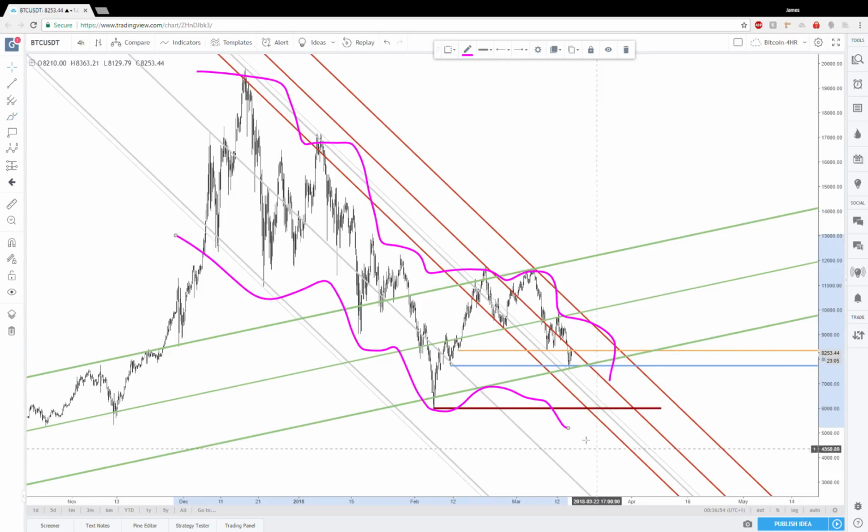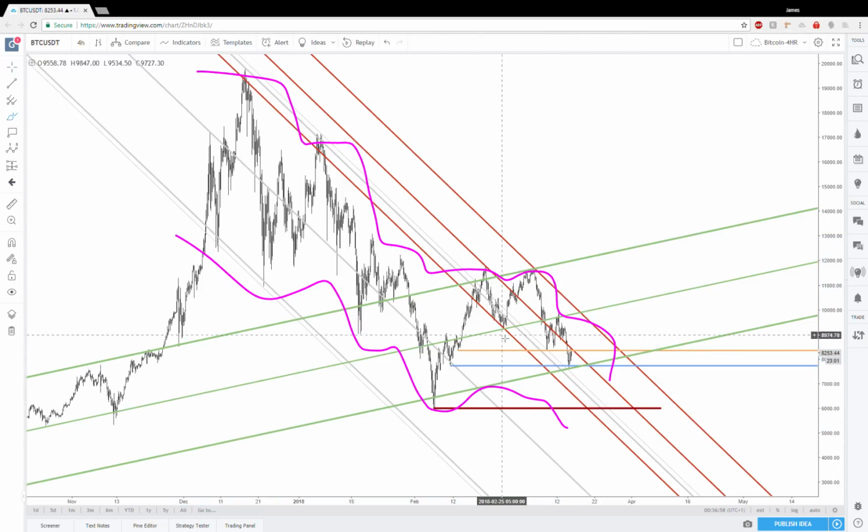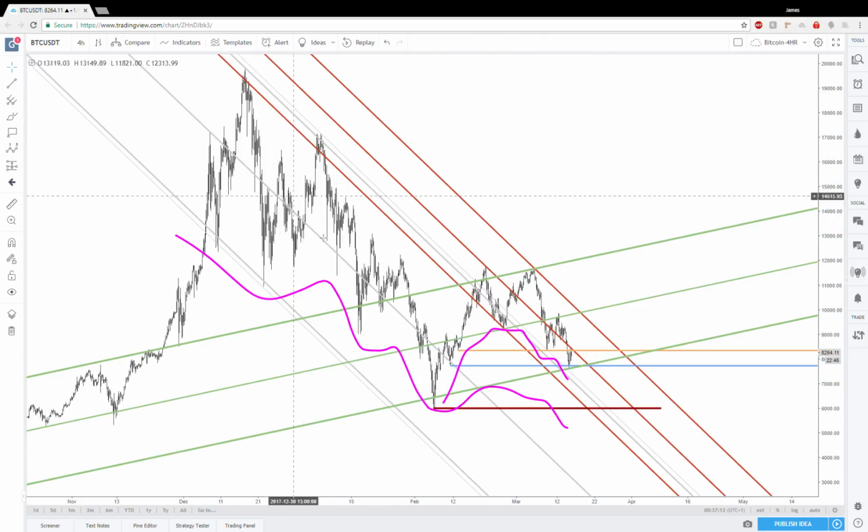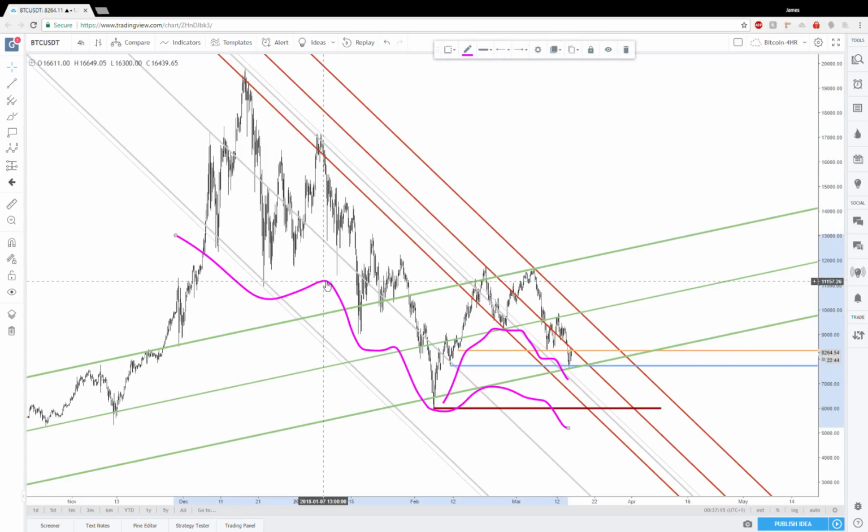Now, this last piece that I just drew right here, who knows what's going to happen there. But you can see that even when we come here, we're still forming lower lows. So it's like this river that's just flowing downward. And that is literally the flow of the energy behind the price action in Bitcoin.